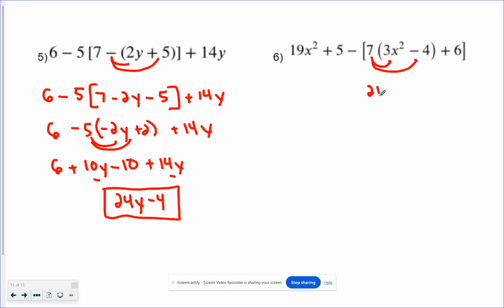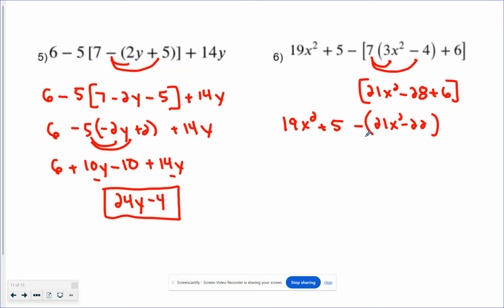Okay? So in this one, guys, we're just distributing. So you got 21x squared minus 28 plus 6. I'm just going to simplify that. So you got 21x squared minus 22. There is a minus sign in front of that, so you're going to take the minus through the parentheses.